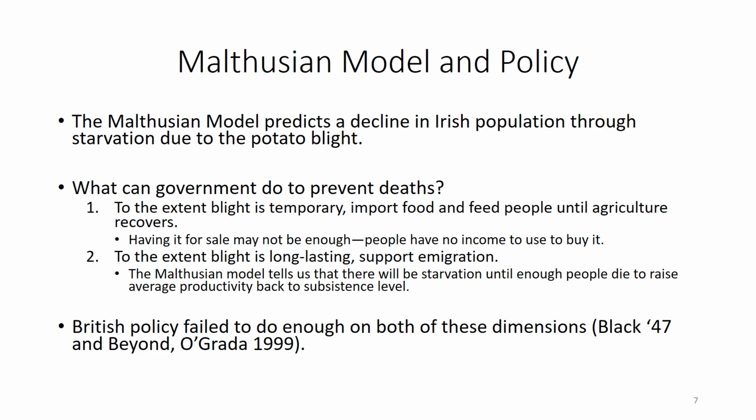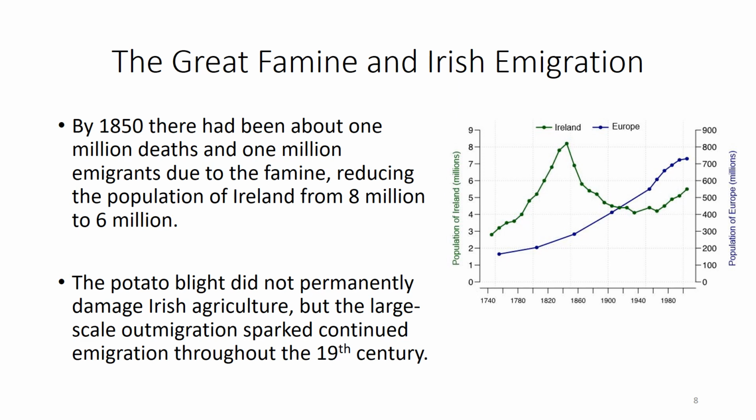If you're interested in that, and in the famine more generally, you can read the Irish economic historian Cormac O'Grada's book Black 47 and Beyond. The consequence of the famine and to some extent the policy were that by 1850 there had been 1 million deaths, but also 1 million people had emigrated due to the famine.